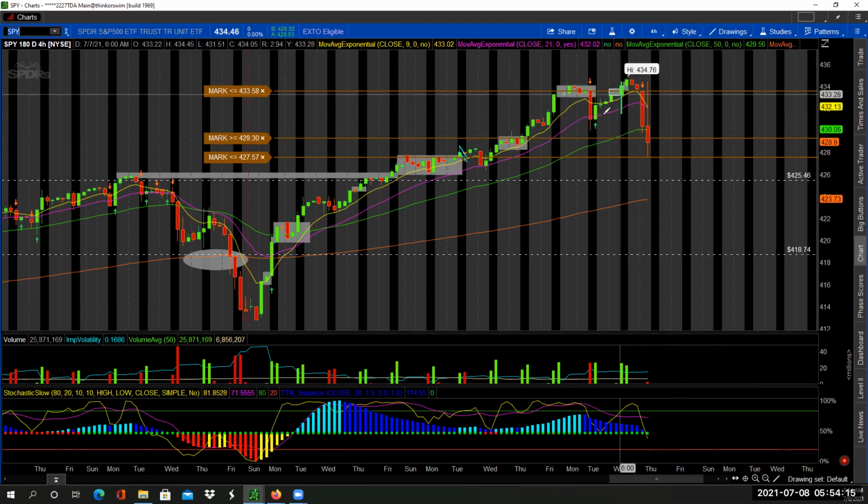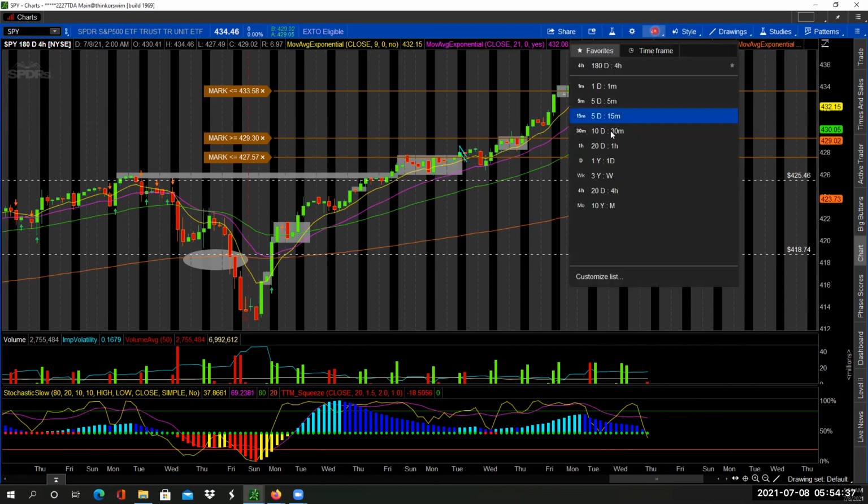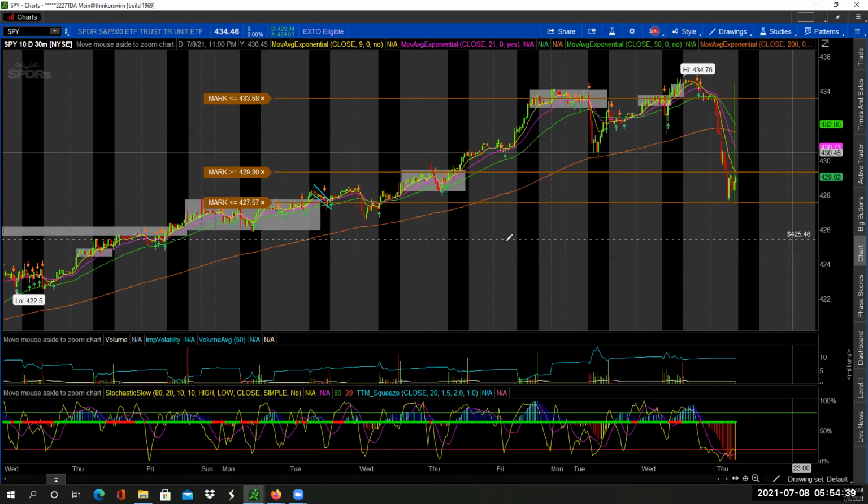And with all this news and this technical trade here, when we started pulling back, it just added to it. But what I like about it is that we can trade some short squeezes to the upside to fill the gaps. And that might be about it today. It looks like SPY is reversing on the 30-minute chart.